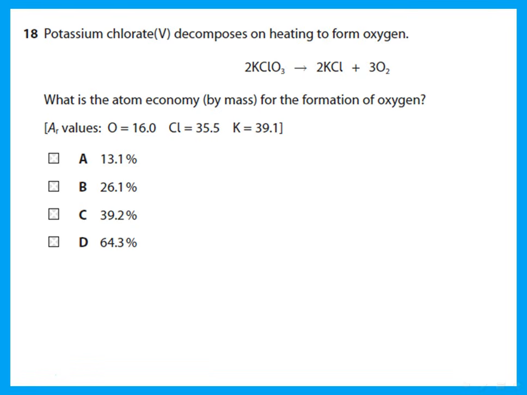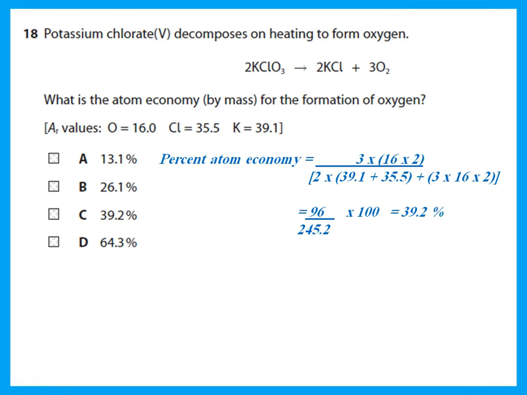Potassium chlorate decomposes on heating to form oxygen. What is the atom economy by mass for formation of oxygen? How do we calculate atom economy? Remember that atom economy is the mass of whatever I am talking about. So here we're talking about oxygen over the total mass of products.